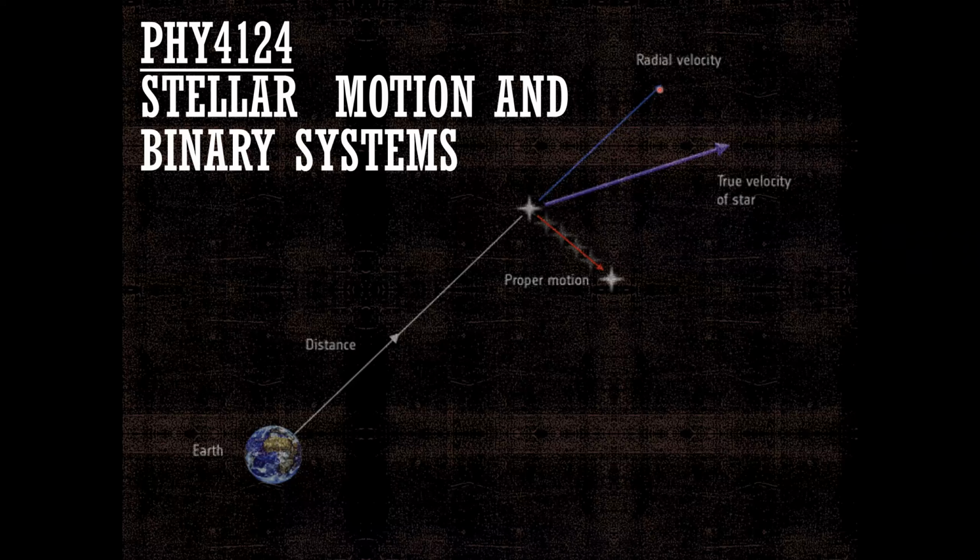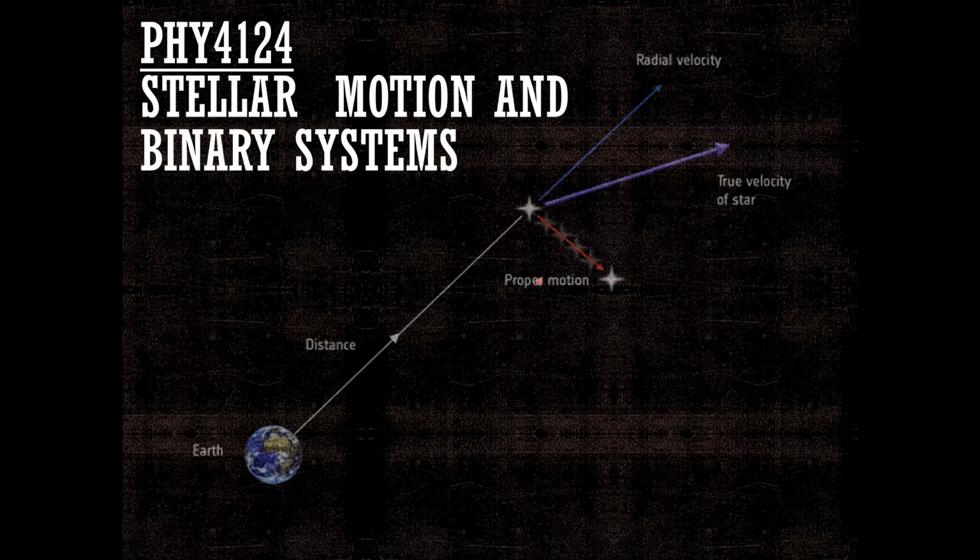And the radial velocity can be measured using the Doppler effect. And if we can measure the proper motion of the star and the distance to the star from Earth, then we can calculate the velocity of the star in this direction. So that is actually not the proper motion, right?